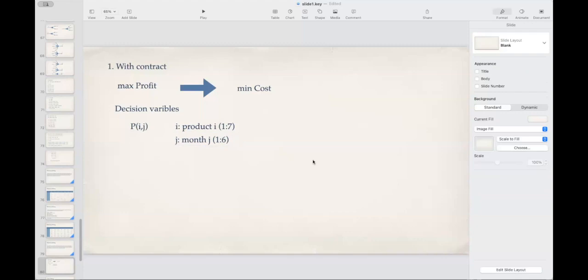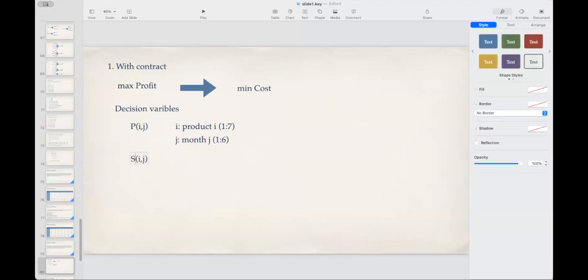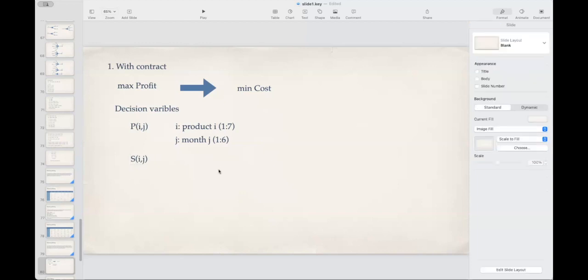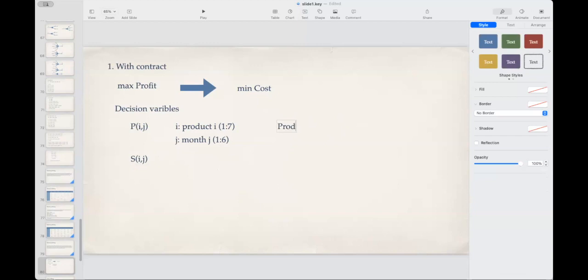P_ij, P stands for production. The amount of each product that we produce. Okay. What else? What do we need? Do we have to purchase anything? No, right? We have to consider the storage, which can be S_ij. Oh, sorry.